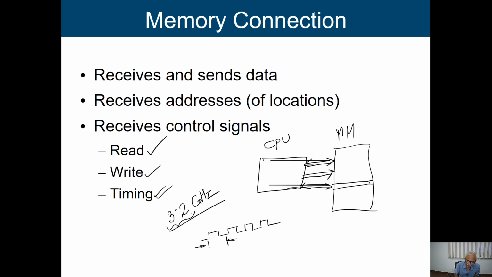If we are going to work with 3.2 gigahertz, then some nanoseconds we are going to give for each and every step. So it works at that particular operating frequency. But in general, or in reality, the operating frequency of main memory is far less.